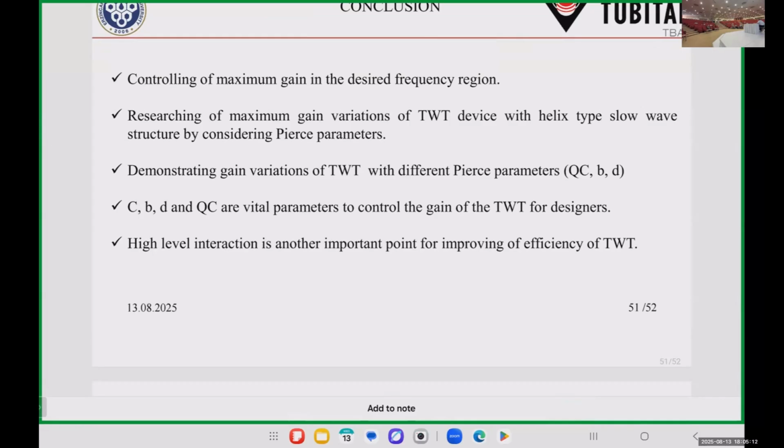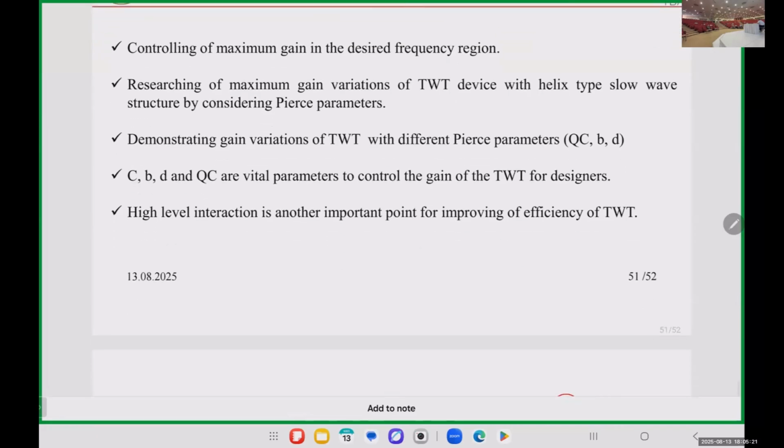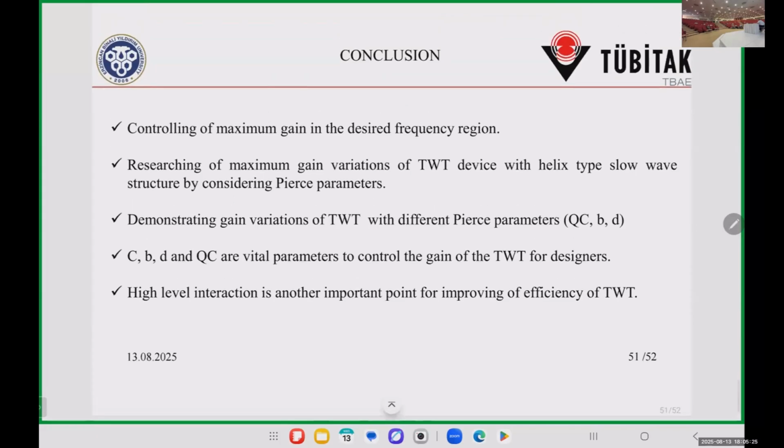Pierce parameters are crucial parameters for designers to control the gain of the TWT. High level interaction is another important point for improving the efficiency of the TWT, we can say.